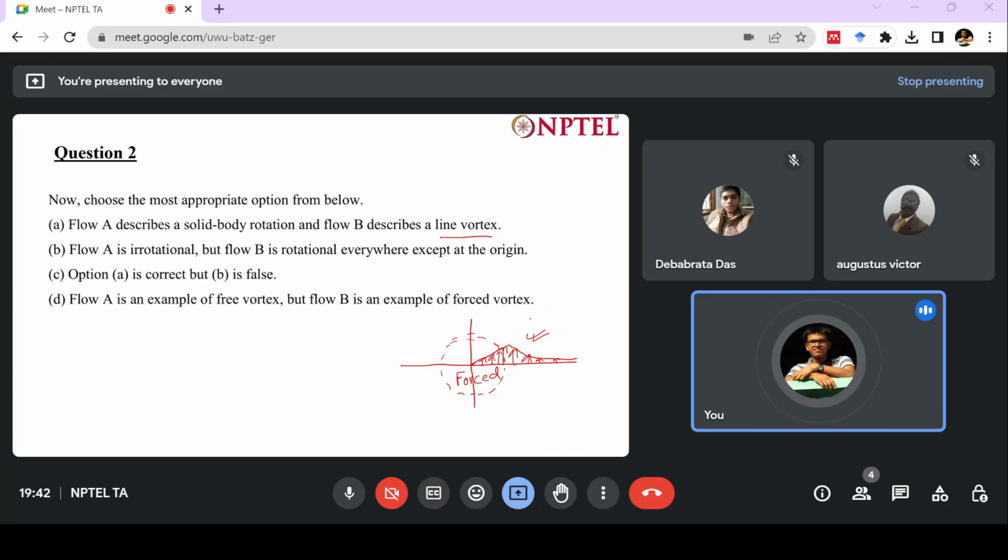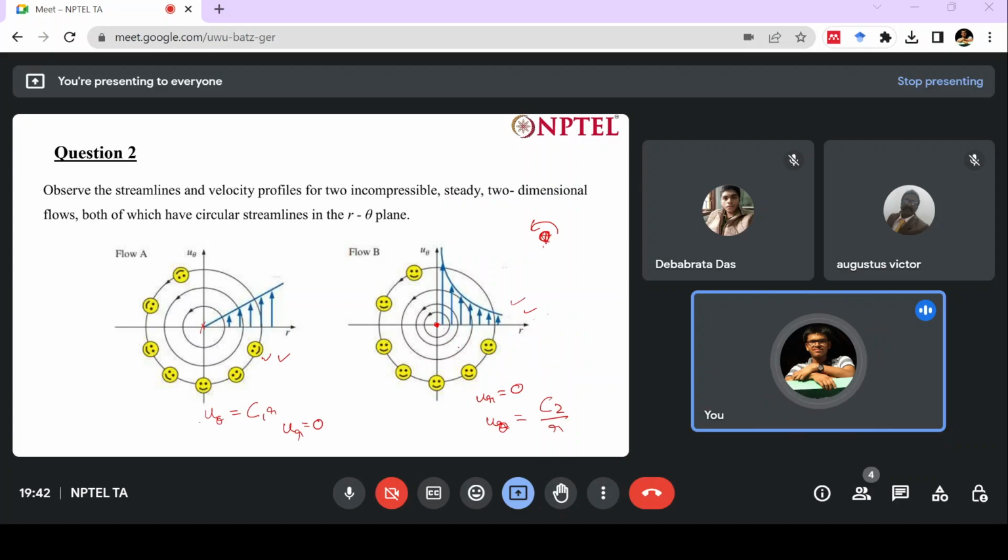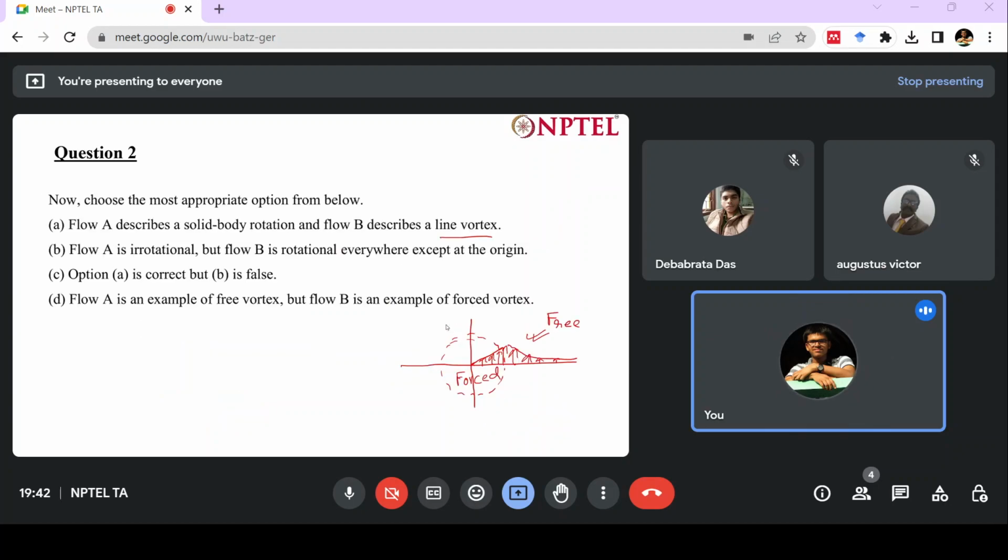And this is free because no force is required here. This is only moving because of the viscous stresses, being attached to this cylinder. So inside is forced, outside is free. This is definitely a free vortex. This is a line vortex, and in case of a line vortex you will get such a flow field. Okay, do you have any other question?